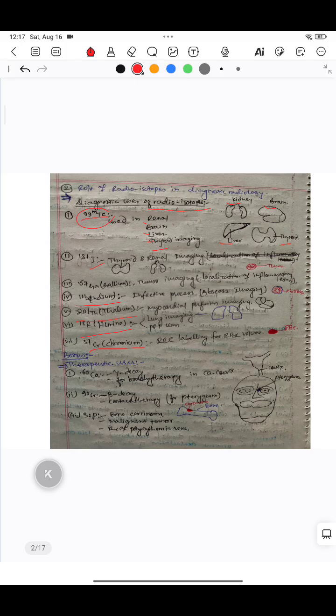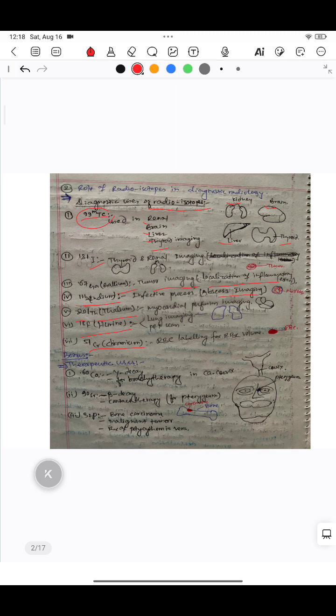Gallium 67 is for tumor imaging, and indium 111 is for infectious processes, that is abscess formation.